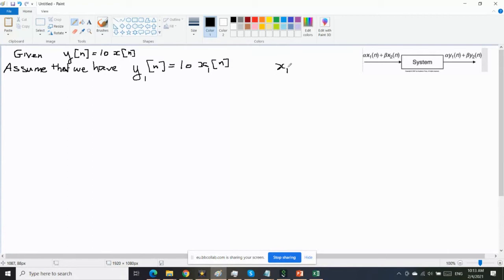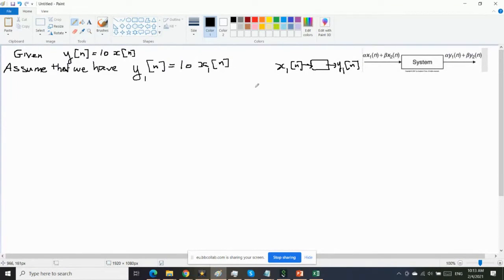I have a signal x1 and the output is y1, so according to the system definition they follow this formula.